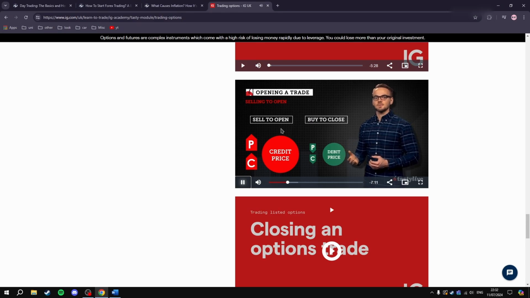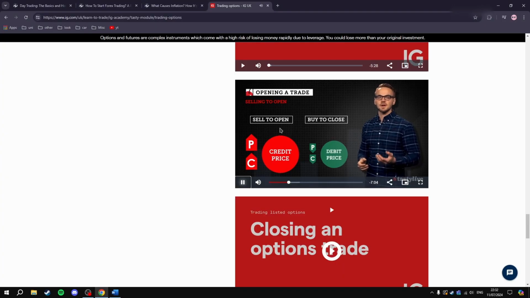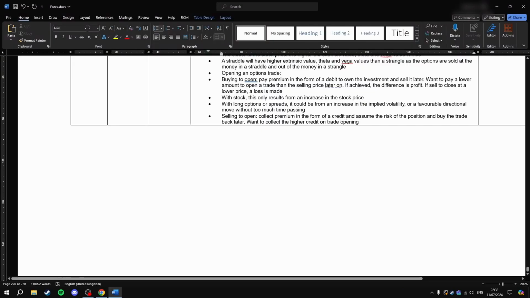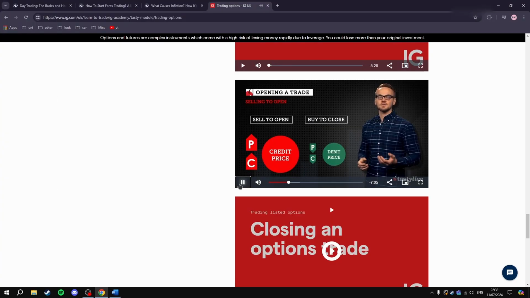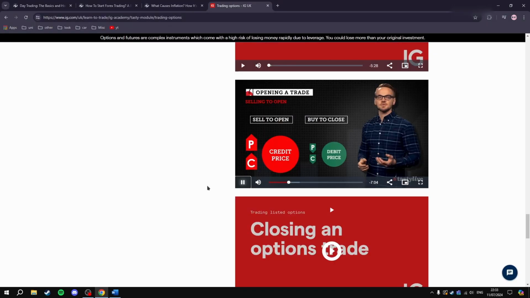In all situations where we are selling to open, we want to collect a higher credit on trade entry than the debit we pay to close the trade later.